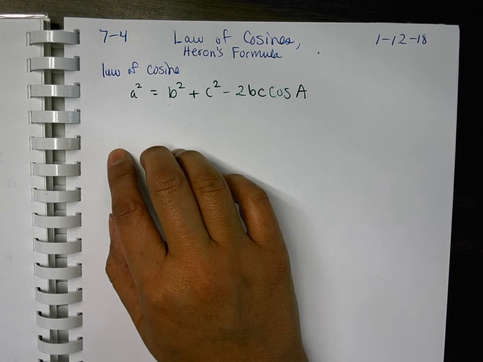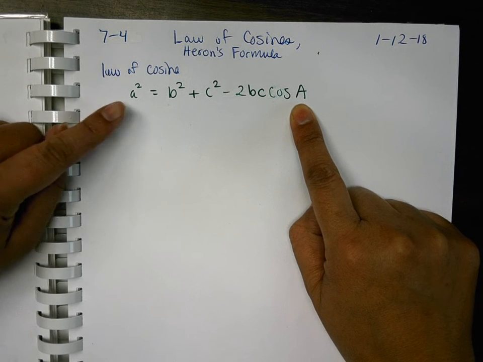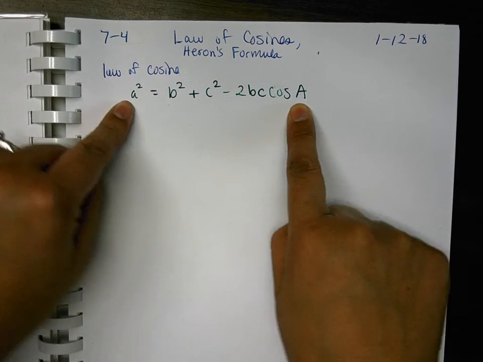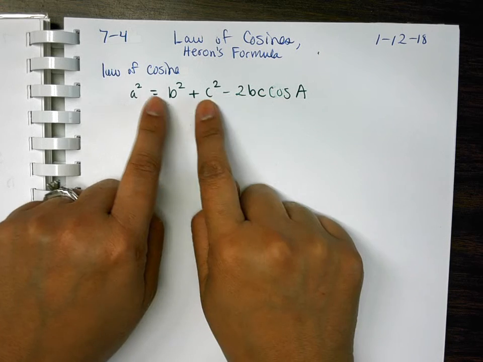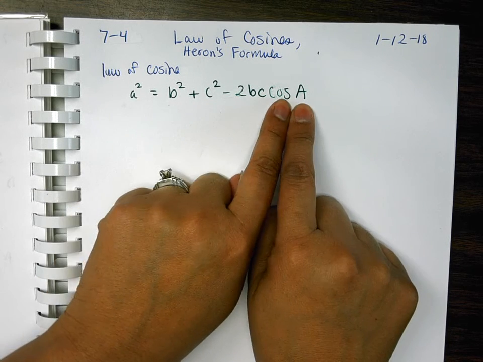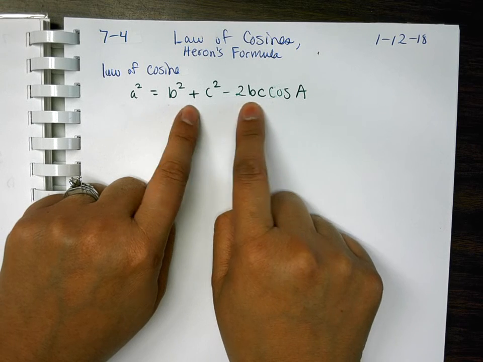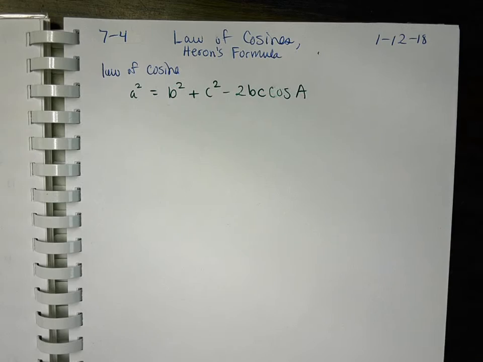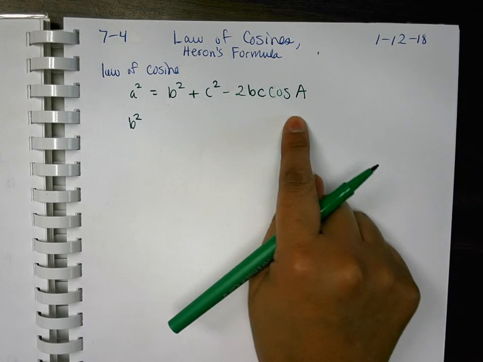All right. The way I remember it is if there's angle A here, it's going to be A squared on this side. And are there any A's in here for the side lengths? Okay, so cosine angle A, side A squared, and then sides B and C are here. So on the next one, when I put little b squared, knowing what we know, what's going to be at the end?